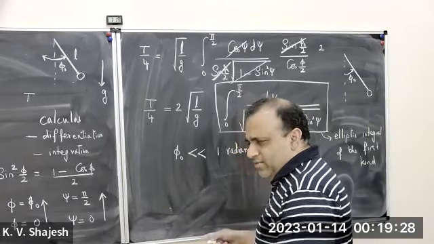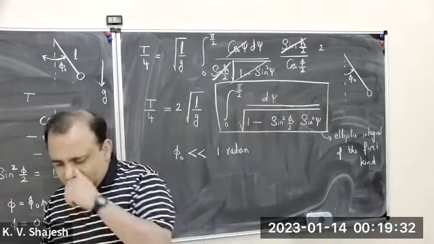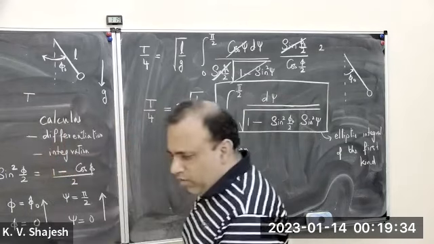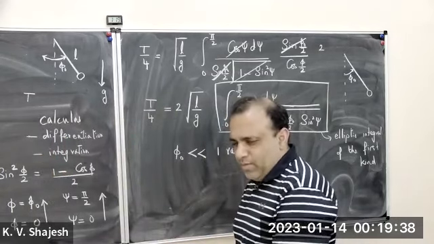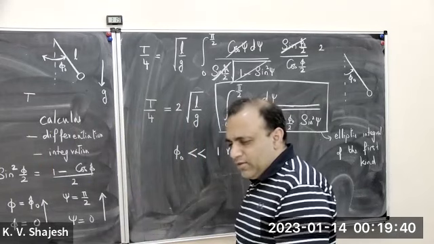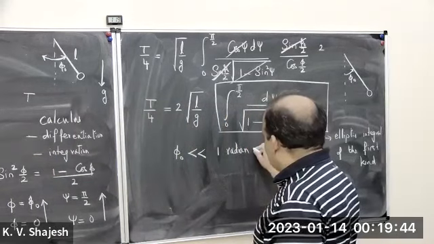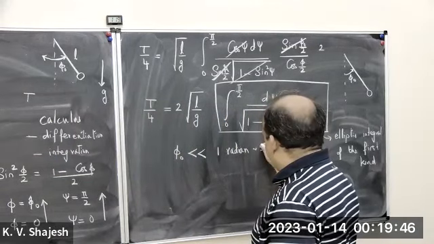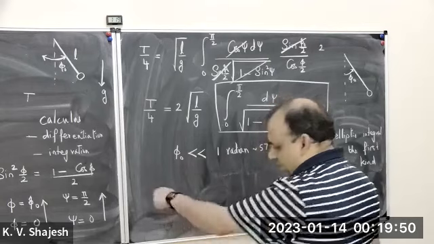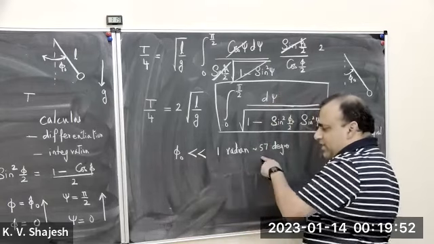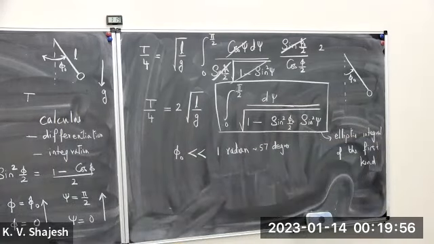Pi radians is equal to 180 degrees. Pi is approximately 3.14, and if you divide 180 by 3.14, that's approximately 60 degrees. More accurately, it is approximately 57 degrees. So if the amplitude is significantly smaller than 57 degrees, then you say this is a small angle.